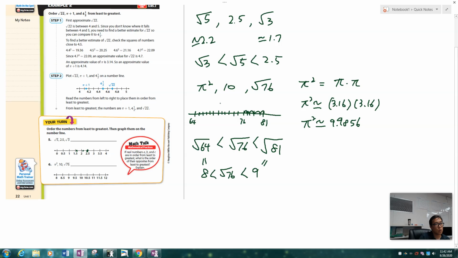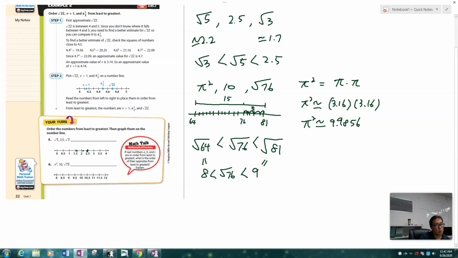And from 64 to 81 was 15 units. So from here to here was 15, and this much is 5 units away, so this should be 10.